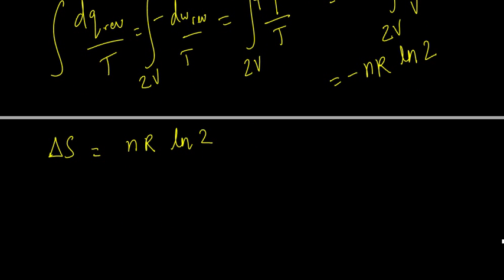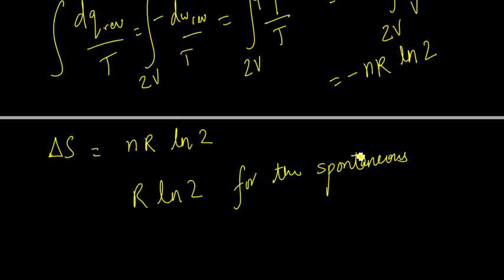For 1 mole of gas, I could just say R ln 2, for the expansion, for the spontaneous process. Make sure that this is a positive number. ln 2 is greater than 0.